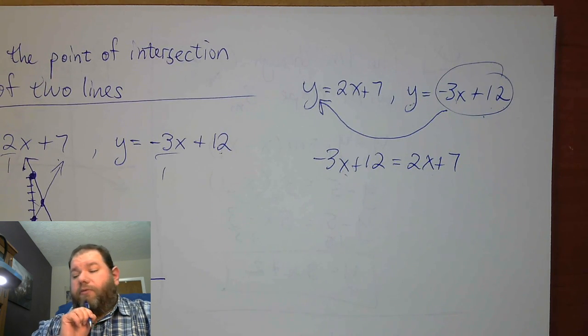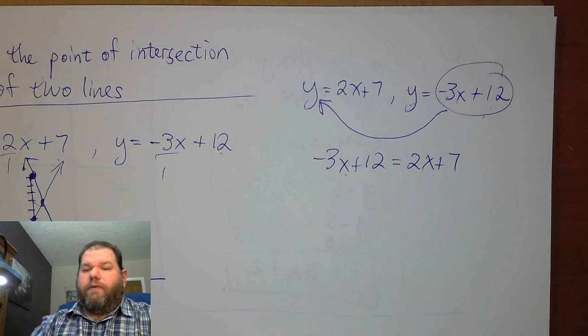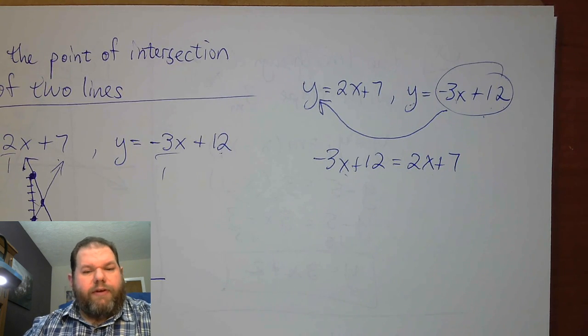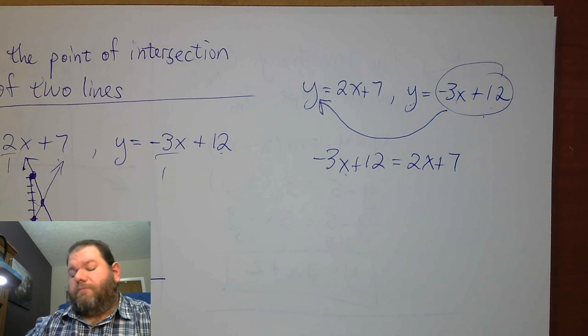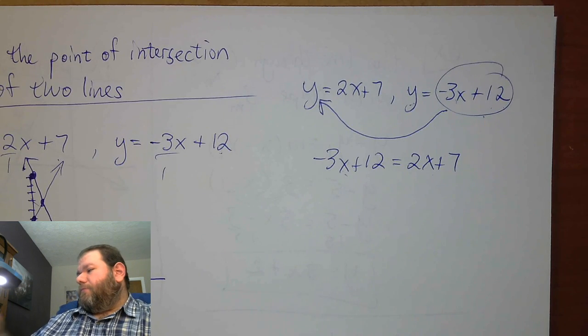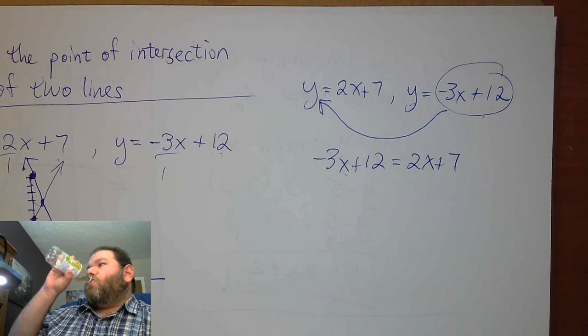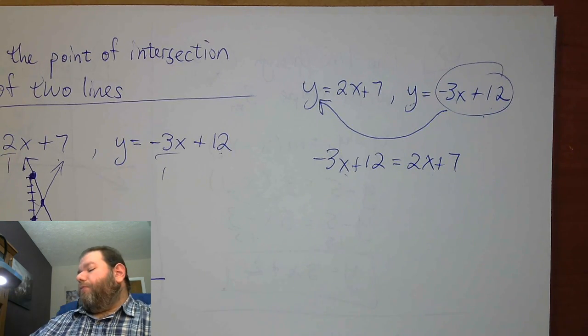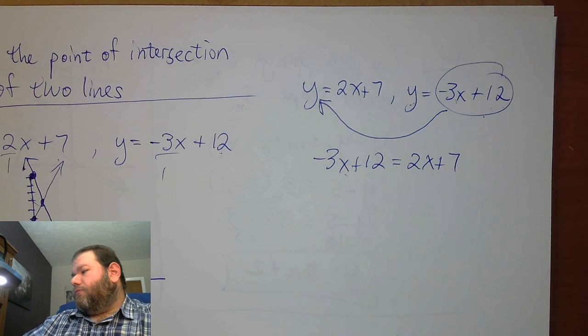What steps do you think we would need to do first, let's say? Or what could we do first? There's really not just one step. Yeah, we need to combine our x's.